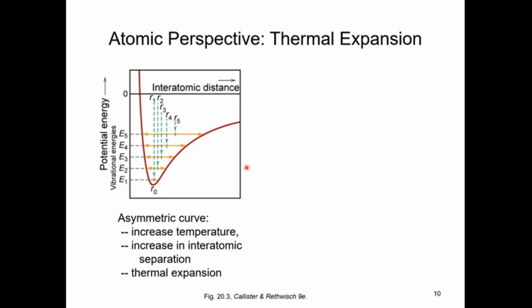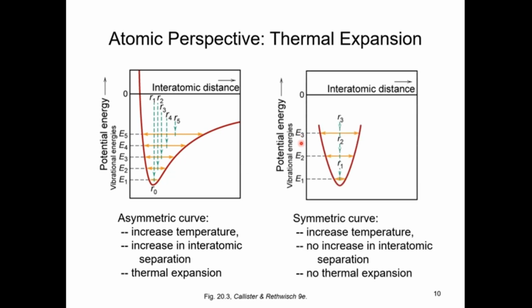Now let's say the potential energy curve is symmetric. If the curve is symmetric, as shown in this graph, the same curve of potential energy versus interatomic distance, the distance between atoms, forming a symmetric curve, then the change in temperature from T1 to T2 to T3 will obviously also increase the vibrational energy from E1, E2 to E3.